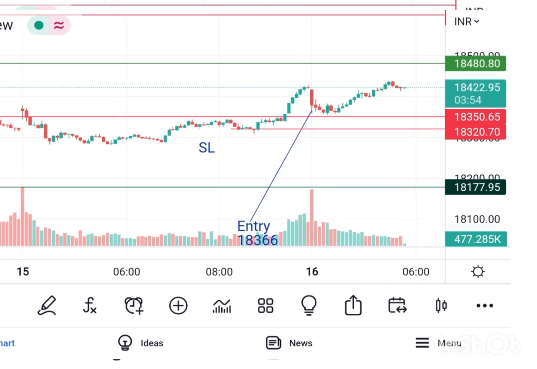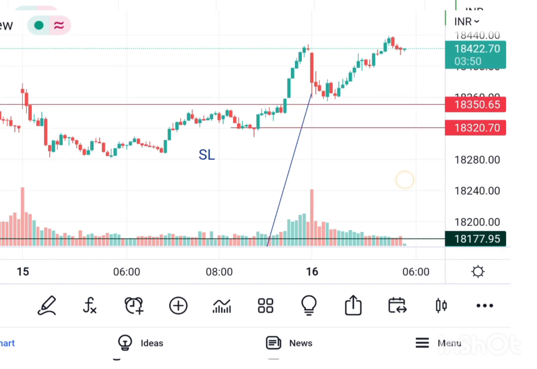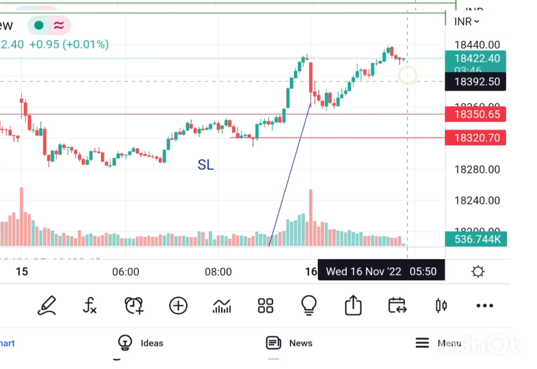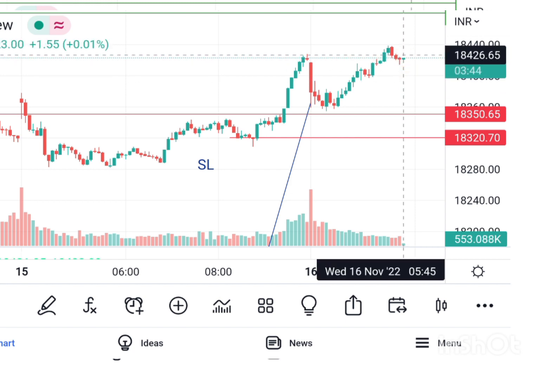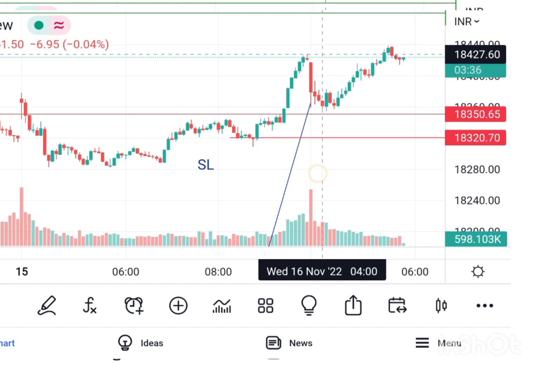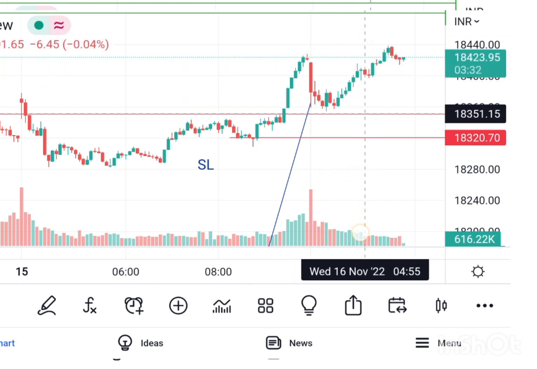So this is the current situation now, and Nifty has given a closing above this high of yesterday, and again it has retraced down.